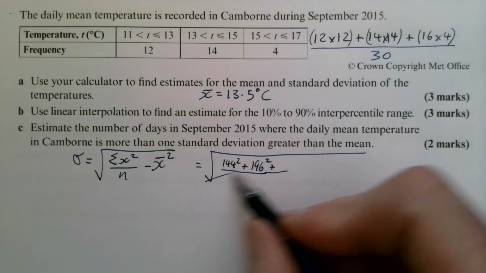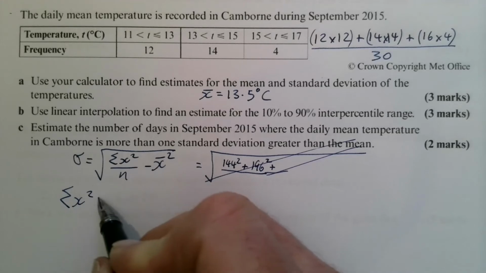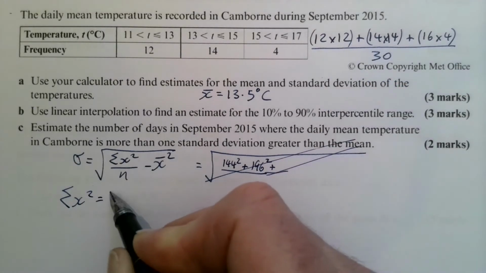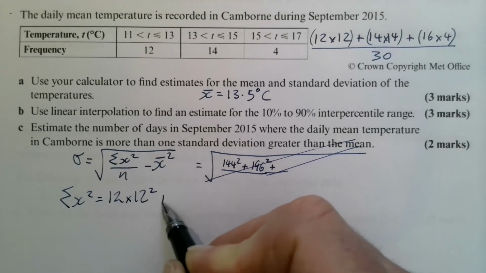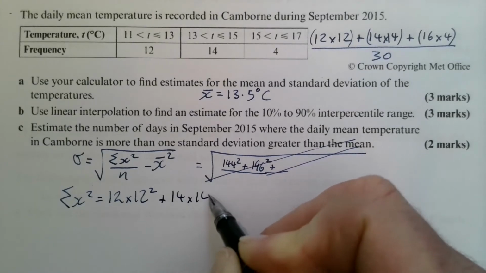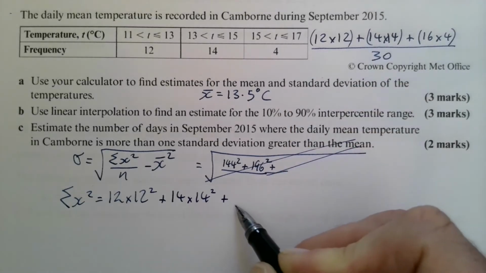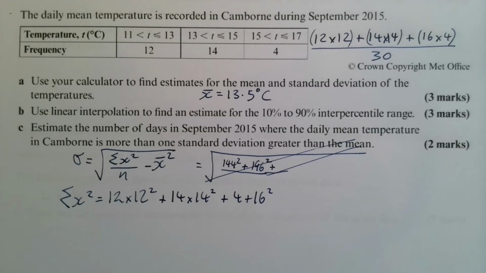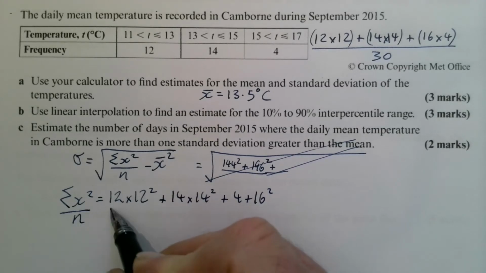Hang on, no, we're not. Let's do the sum of the things squared first of all. We need 12 of the 12 squared, and 14 of the 14 squared, and 4 of the 16 squared, and that is what we're going to divide by how many we've got.